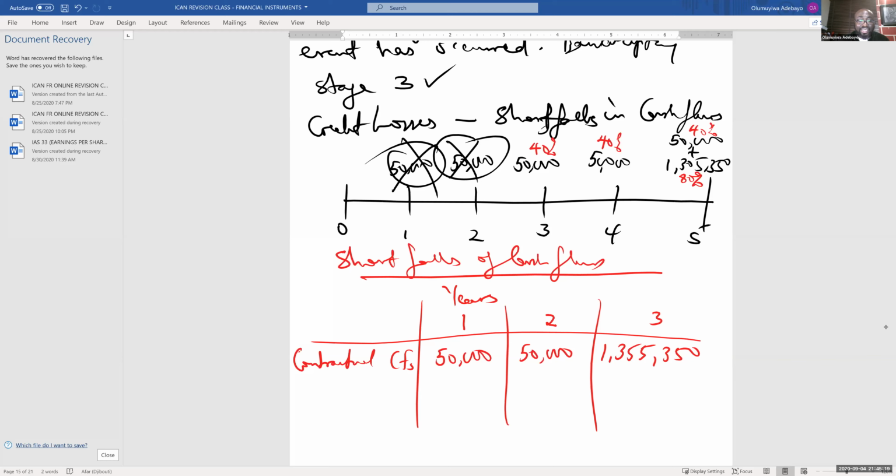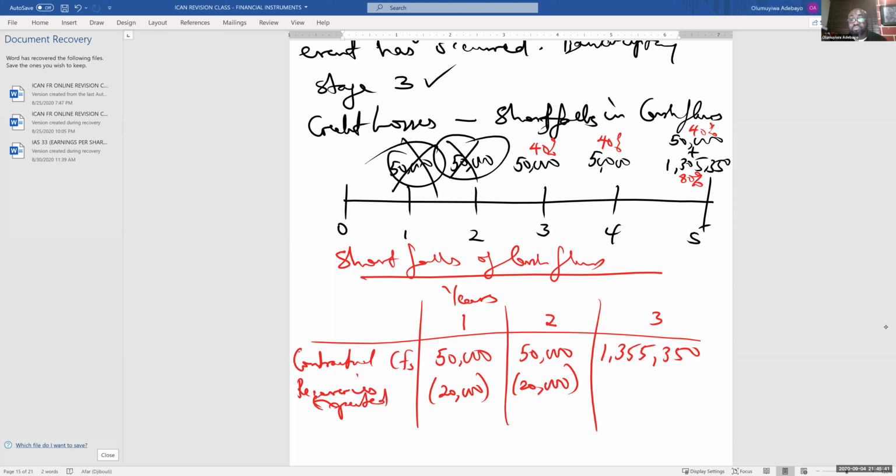But what can I get? Recoveries expected. This I can only get 40%. 40% of 50,000 is 20,000.